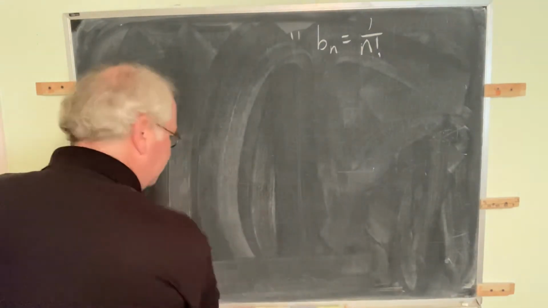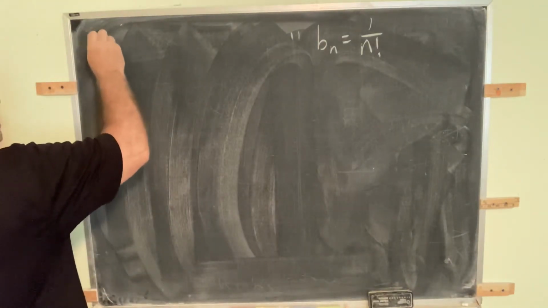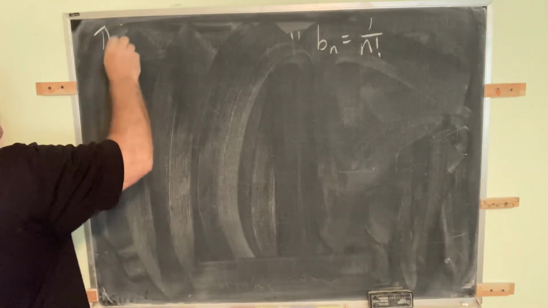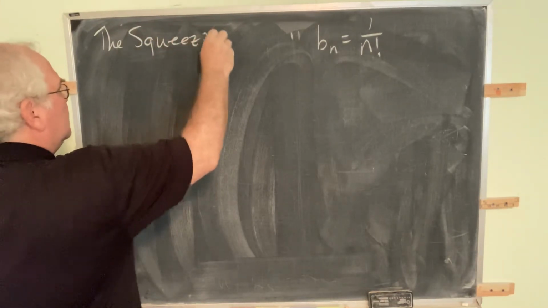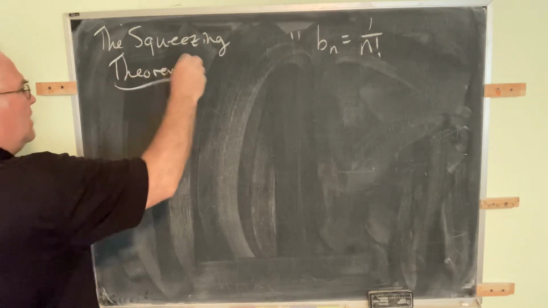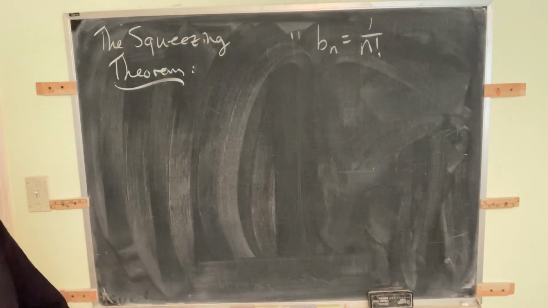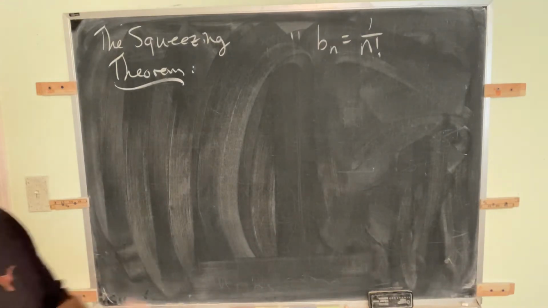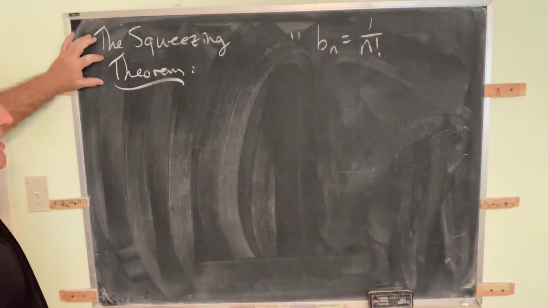One of the tools is something you've been exposed to before. One of the tools is the squeezing theorem. Now, you encountered the squeezing theorem way back in Calculus 1 where you're trying to establish certain limits, in particular sine of x over x. But the squeezing theorem comes into play.